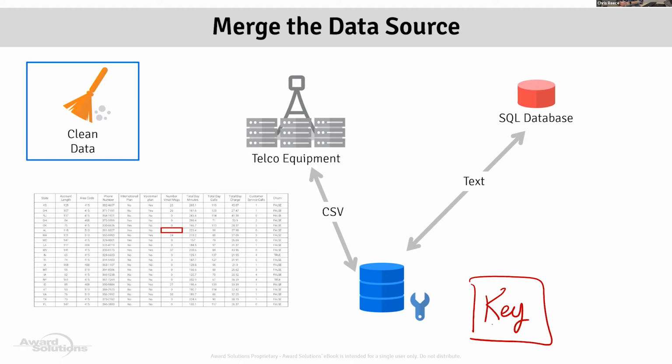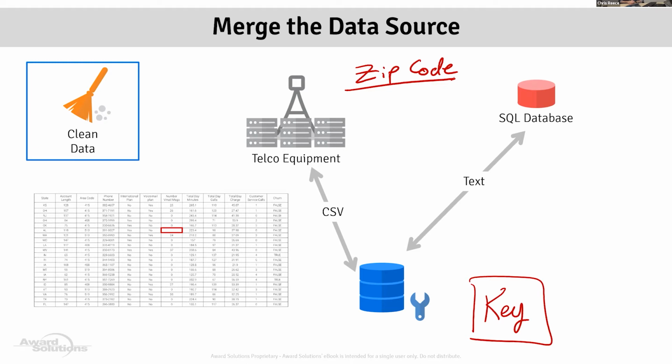So we're going to look at an example here in a few minutes where we're going to walk through merging two different data sources. And the key that we're going to use today is a zip code. That was just because it was a convenient thing for me to use. We could have used other things as well.